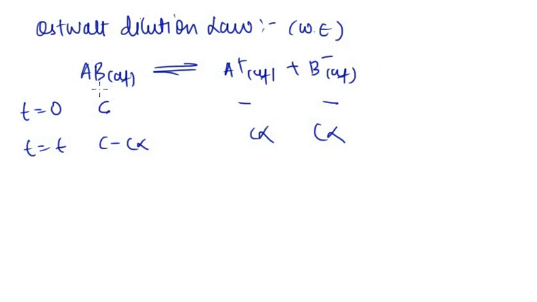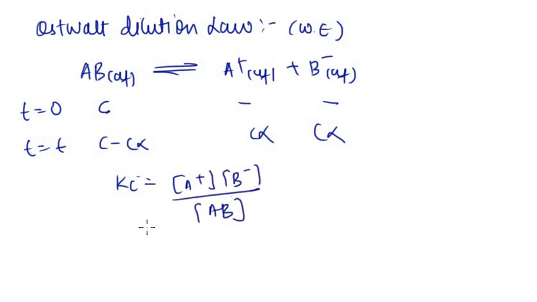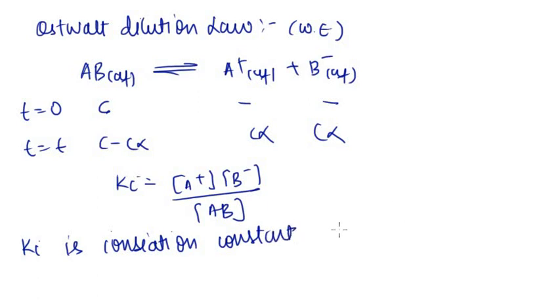But here, when the compounds are dissociating into ions, which we have classified as ionic equilibrium, Ki is the same, concentration of products divided by concentration of reactant. So Ki is the ionization constant of weak electrolyte.